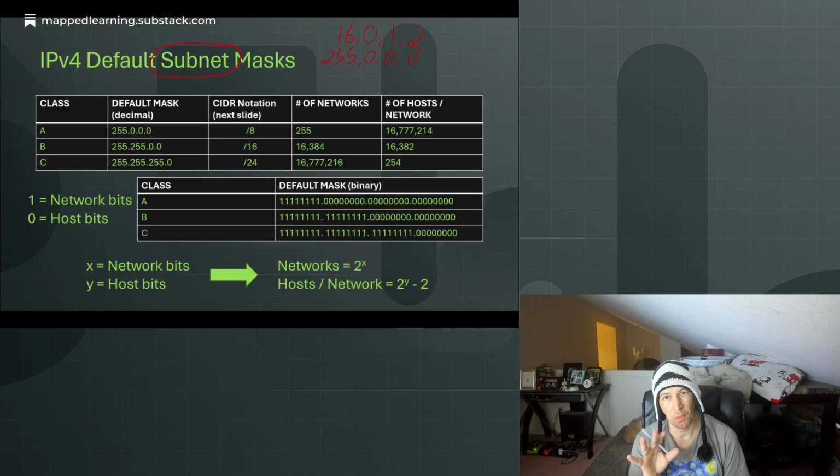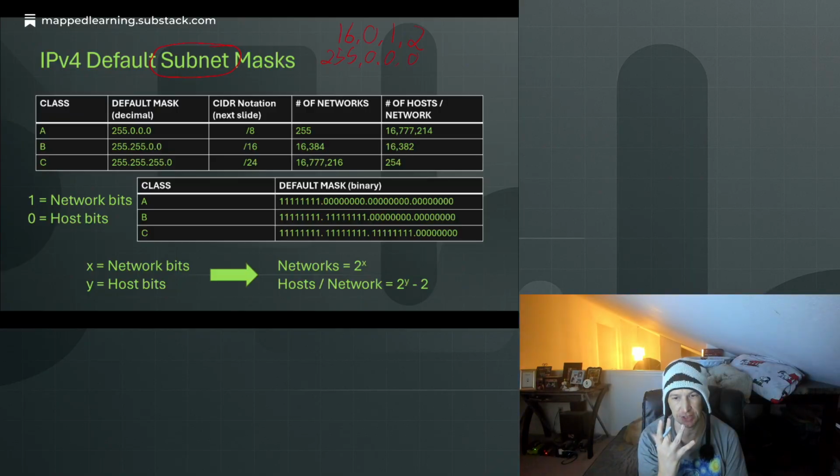Now, I like the documentation that Cisco gives for understanding subnet masks. The reason why we call it a mask is because we mask those bits as being important. We don't want them to change. It's like putting a mask on those bits and never changing them.